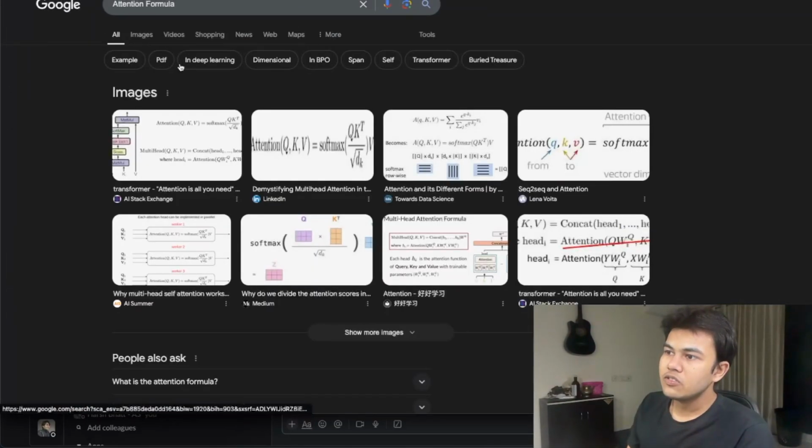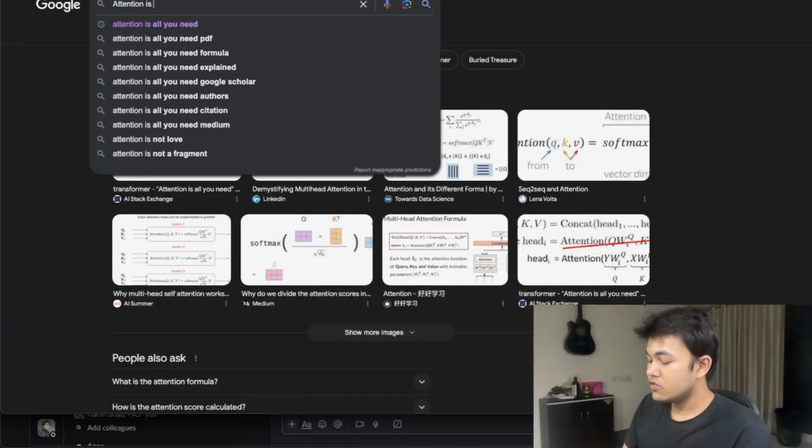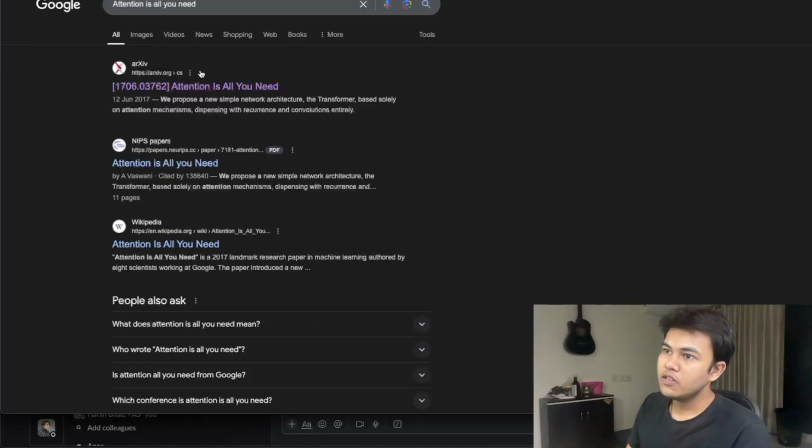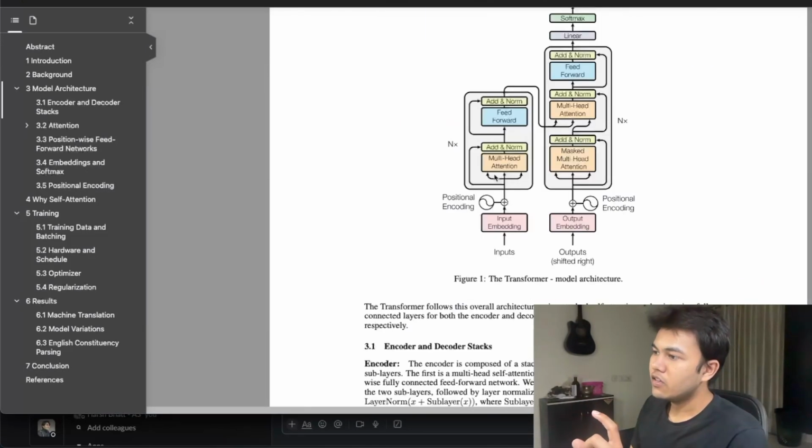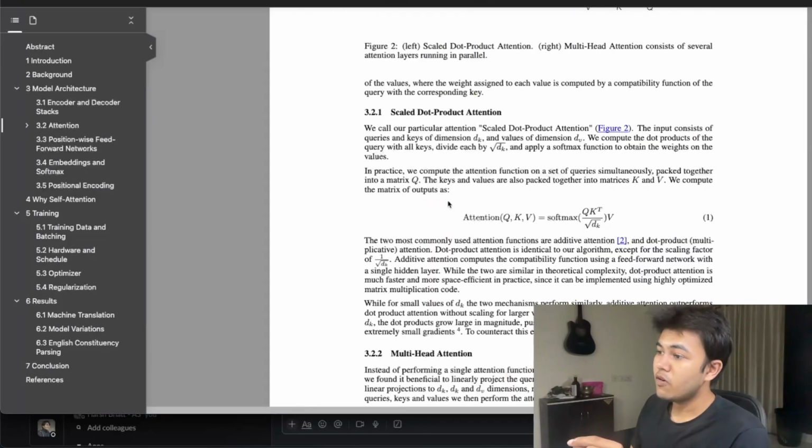So attention is all you need. I'm going to go to the PDF one. Attention is all you need. This will have very good information. So yes, this is the formula, which gives you the attention score, and that's what it is describing here.